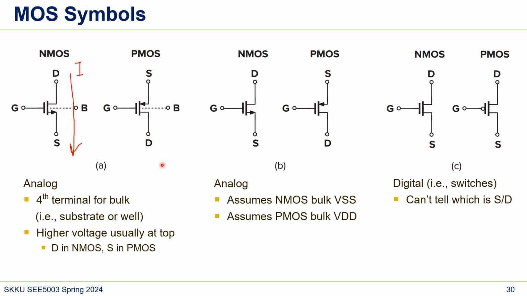Let's look at the PMOS. In PMOS, the carrier is holes, and the polarity of a hole is positive. So again, holes flow from source to drain, in this direction, and the polarity of the hole is positive in this case. So the current flows from here.